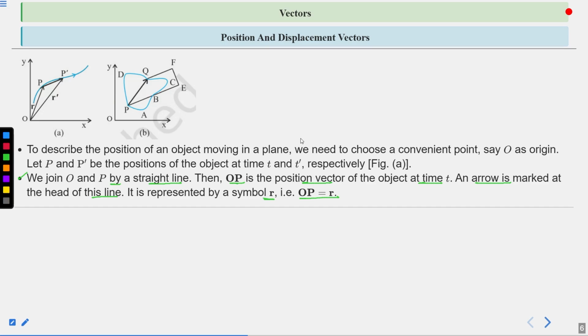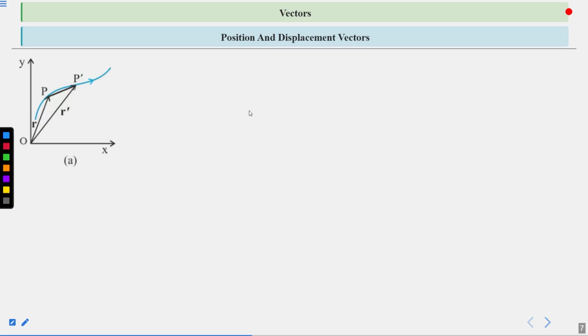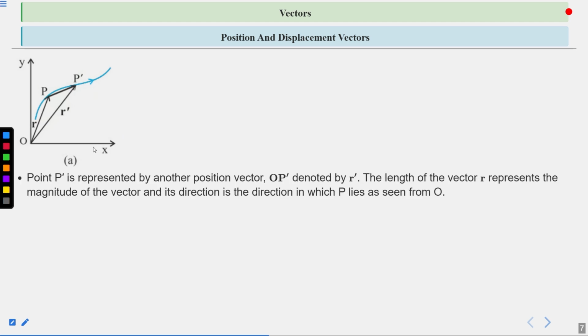P prime is represented by another position vector OP prime, denoted by R prime. The length of the vector R represents the magnitude of the vector and its direction, the direction in which P lies as seen from O. We already discussed it.